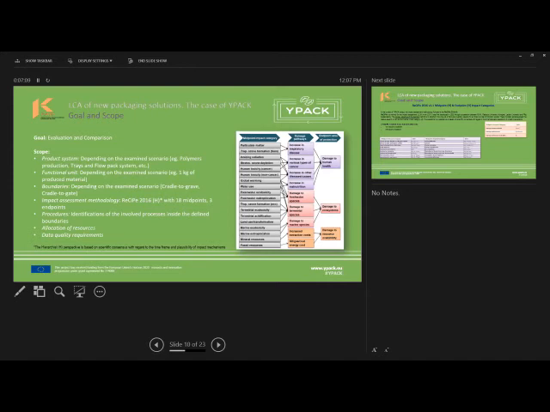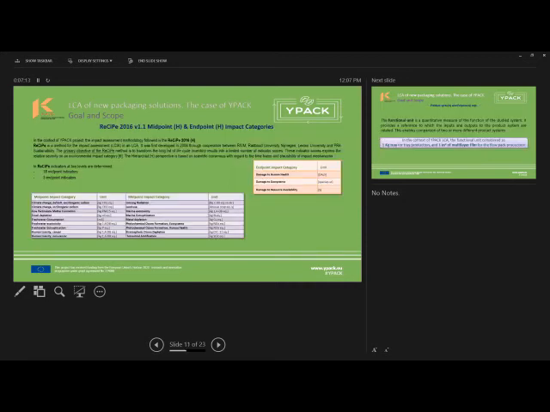And finally, we set the requirements for our data quality. As we said, the methodology we used is ReCiPe 2016. According to this, we have 2 levels, one with 18 midpoint indicators and one with 3 endpoint indicators, as we can see in the tables.